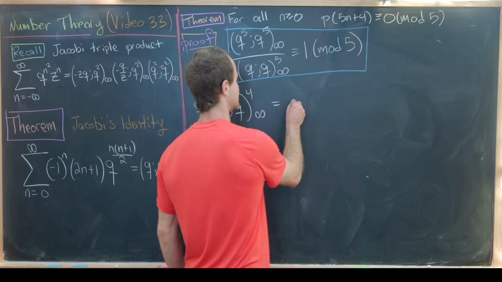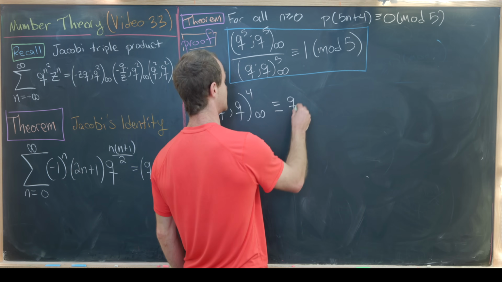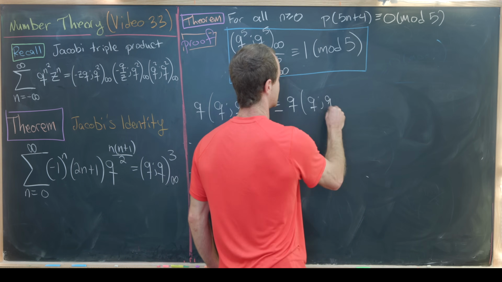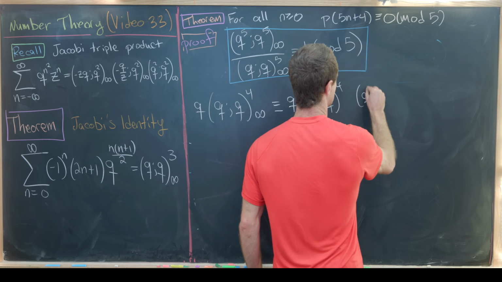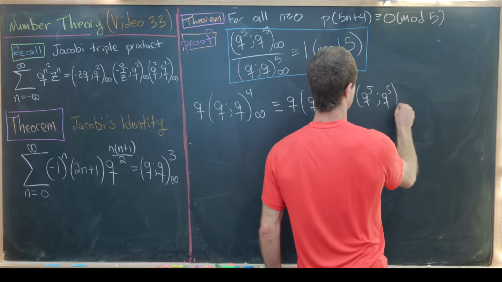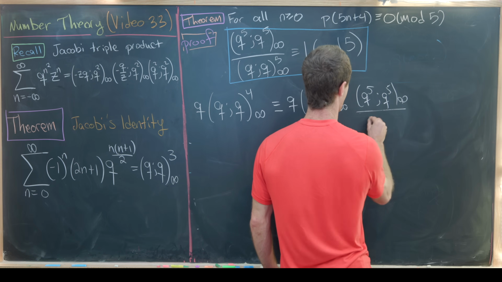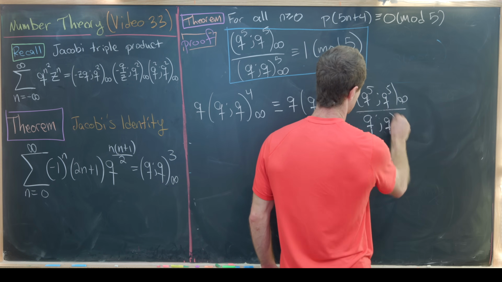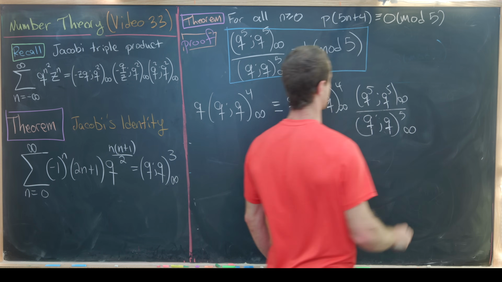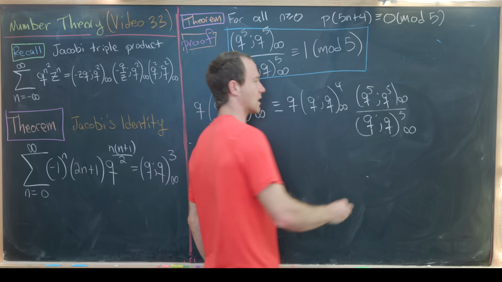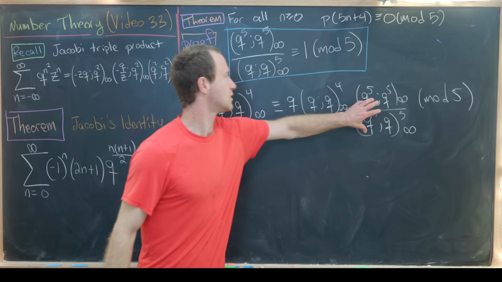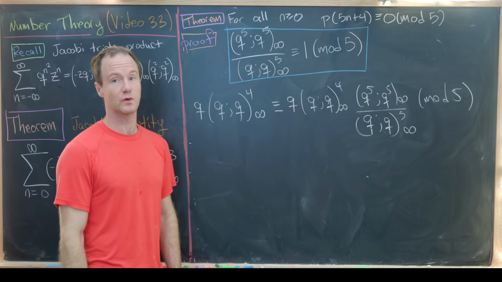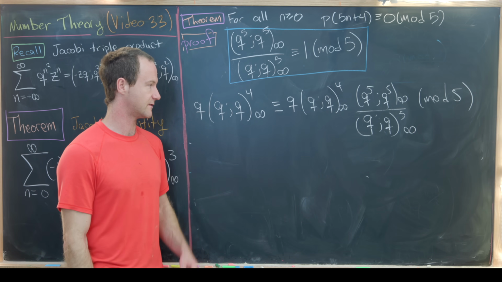Let's notice that this is congruent to q times (q^4; q^5)_∞ times (q^5; q^5)_∞ over (q; q)_∞^5, and that's happening mod 5. And that's because we just multiplied by something which we showed was congruent to 1 mod 5.